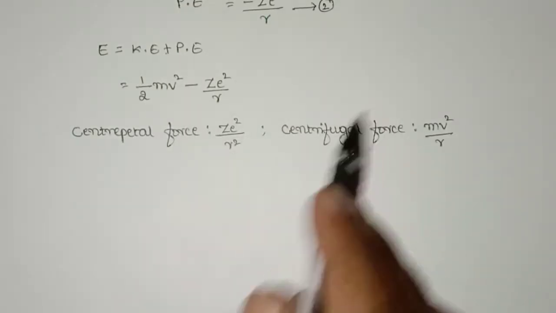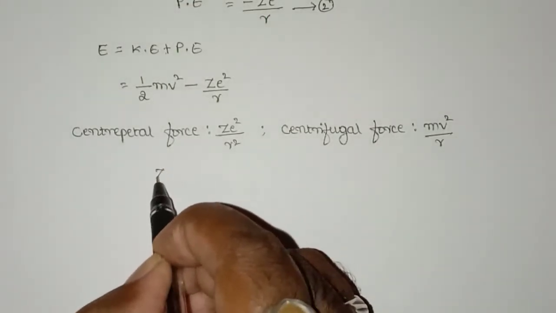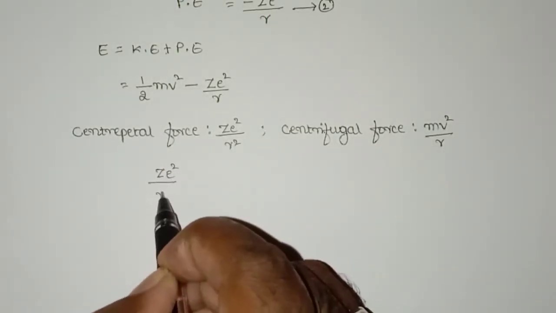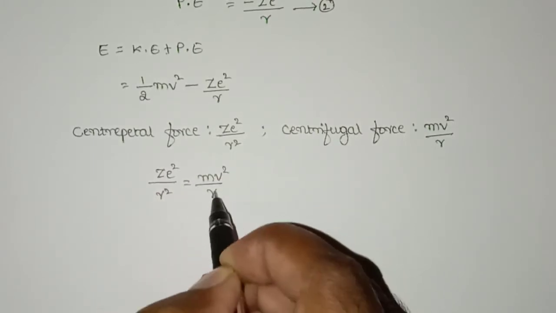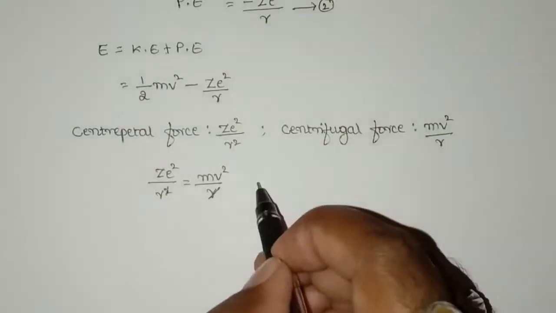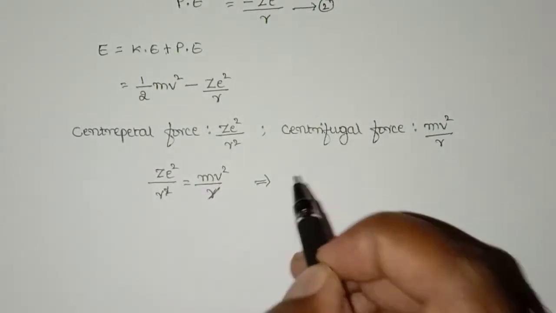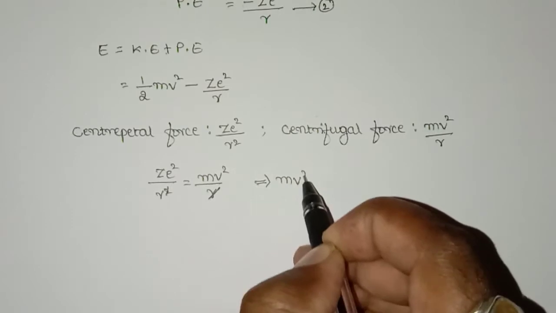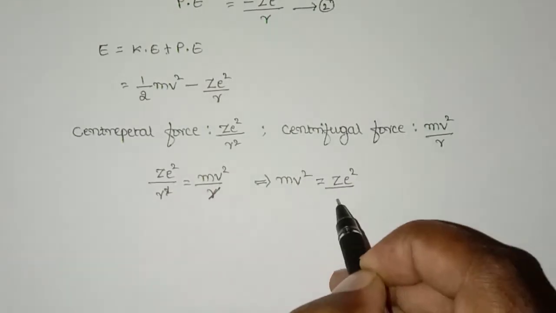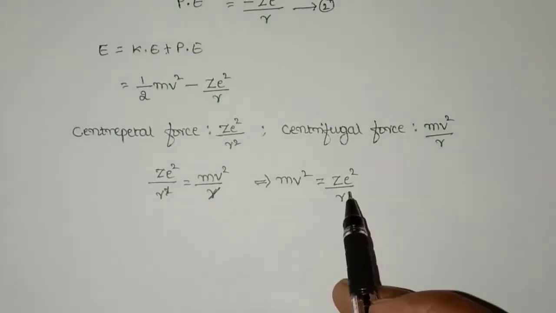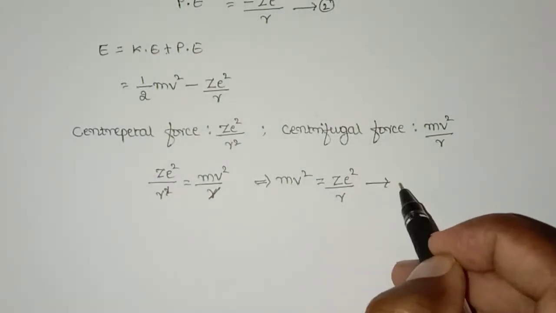So when these two are equal, Ze square by r square equals mv square by r. r and square will get cancelled. So here we will be getting the value of mv square. So mv square is equal to Ze square by r. Okay, so this is expression number 3.